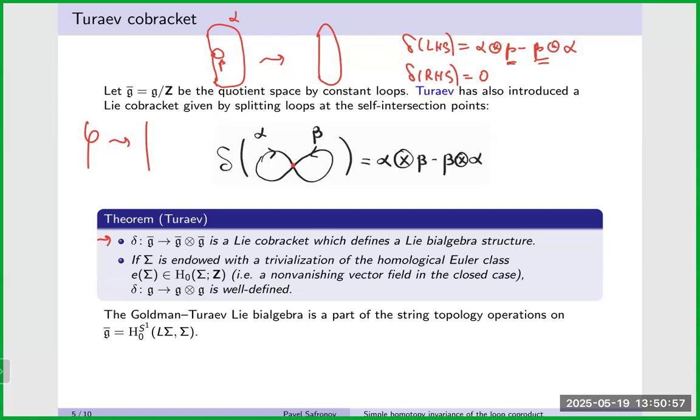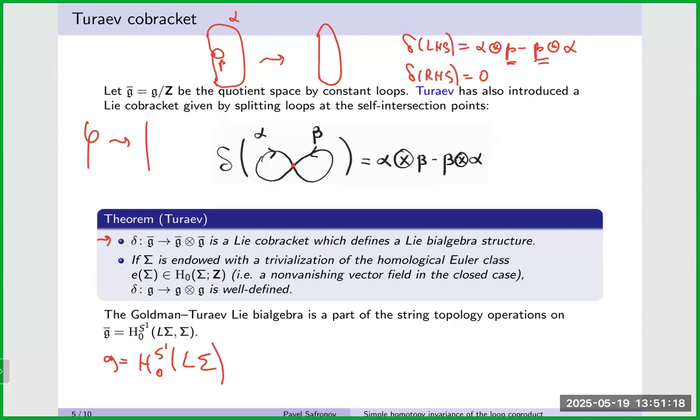Okay, and the upshot is that you look at this vector space. This vector space G, one way to think about it is that you look at homology of the loop space. To connect to string topology, you look at S1 equivariant homology of the free loop space.